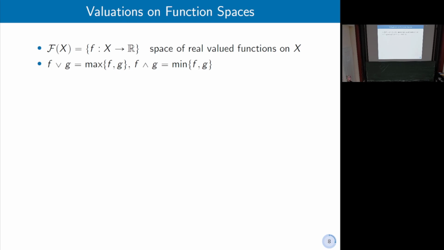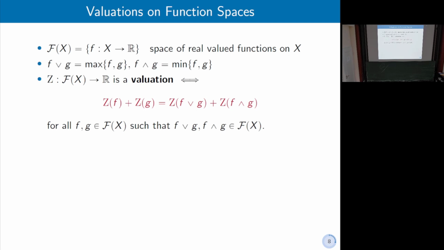This coincides with the definition I had before, if you think of functions described by their graphs, for example. And I define a valuation as a functional with the property that we have the functional of f plus the functional of g is equal to the functional of the maximum of f and g plus the functional of the minimum of f and g, for all functions where everything is defined.